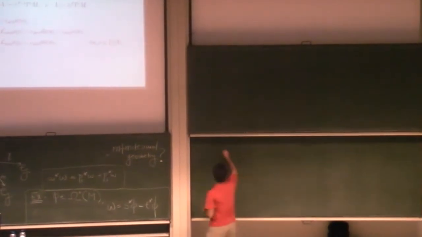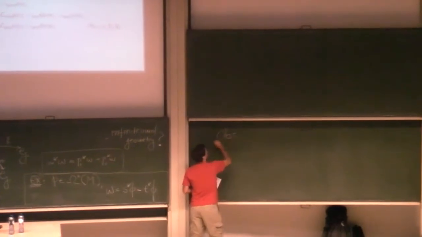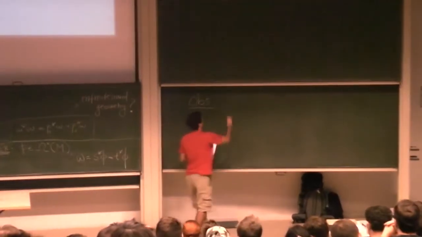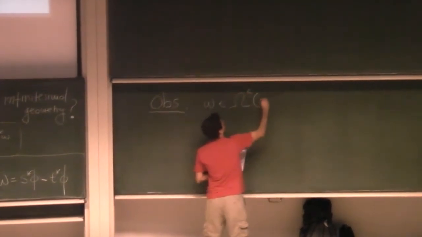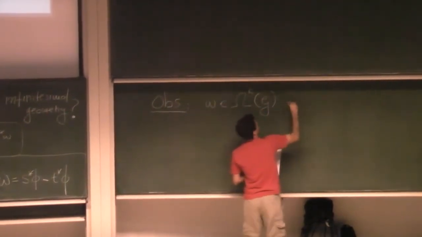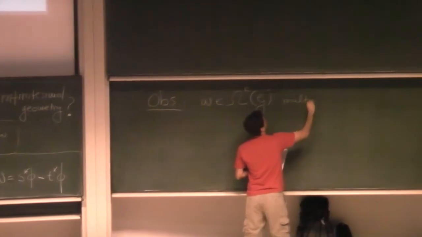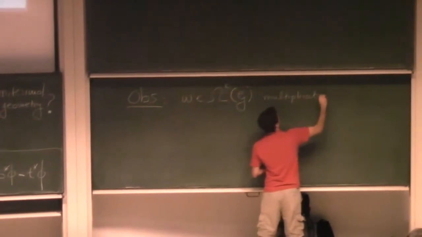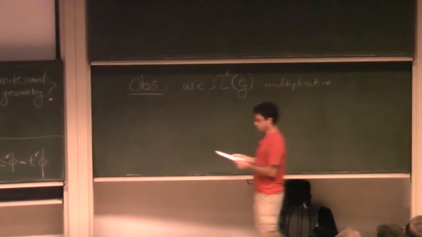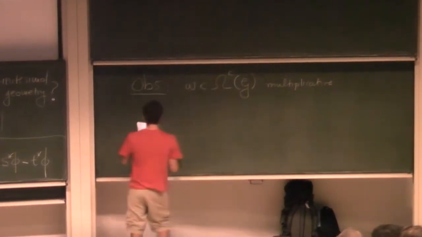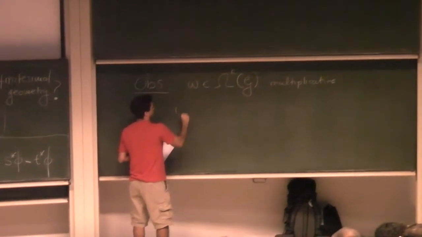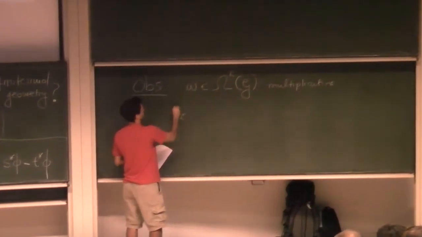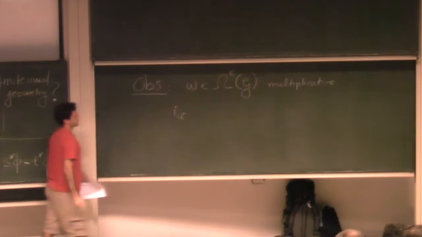So, it's an observation. If you have a multiplicative K-form on a groupoid, then what happens is that if you contract, it's a bit like the business that we did with the multiplicative bivector field.